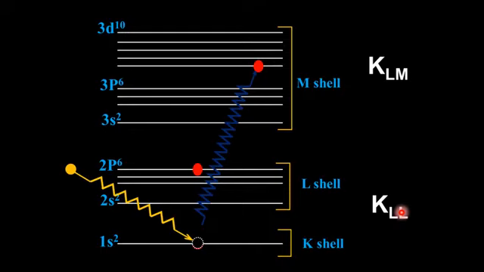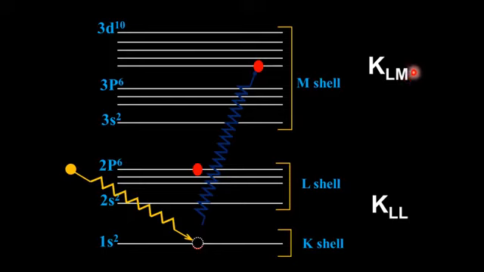Similarly, if the L shell electron jumps and fills the vacant position of the core K shell, and it emits characteristic X-rays, and if these characteristic X-rays eject an M shell electron as an Auger electron, then the spectral line associated with that Auger electron from the M shell will be the KLM spectral line, because the L represents the transition of an electron from the L shell into the core K shell, and due to this transition, K alpha X-rays are emitted, and those K alpha characteristic X-rays eject the Auger electron from the M shell.